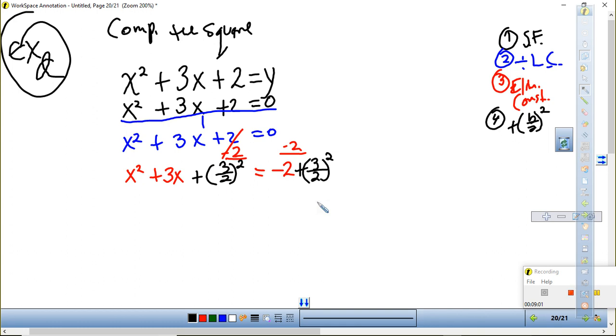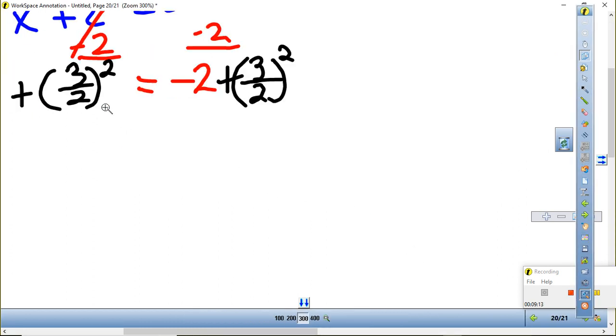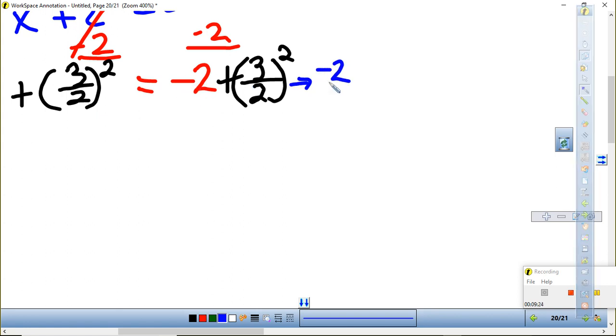Okay? But now, before I continue, I need to simplify the right side. So let me zoom into the equation so we can simplify the right side. Now we have a fraction and a whole number. We need to make this one into a fraction, yes? So I rewrite it as negative 2 over 1 plus, what is 3 squared? 9.